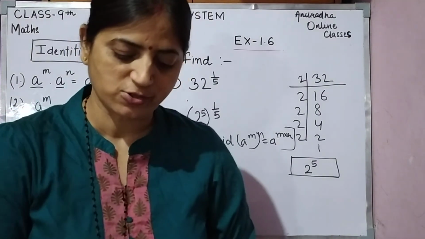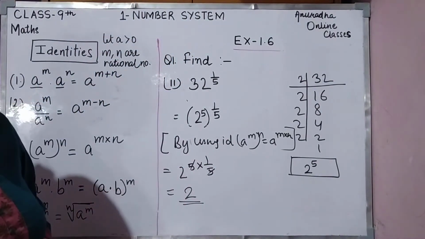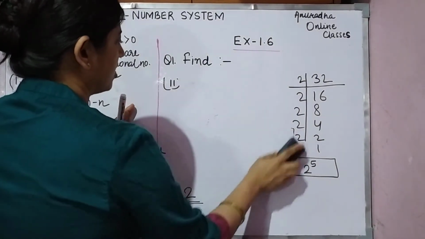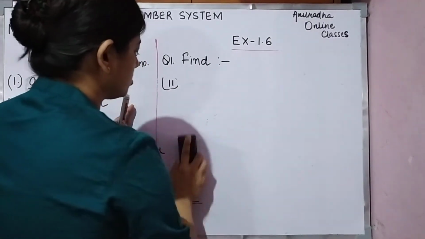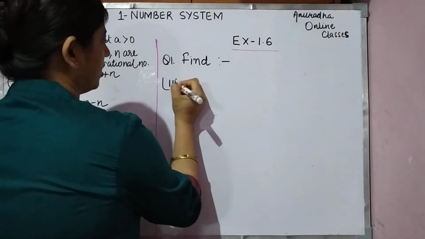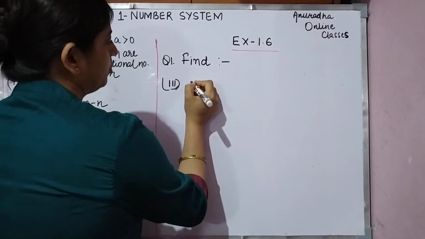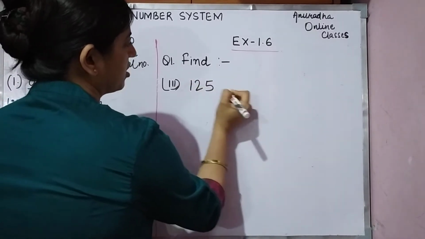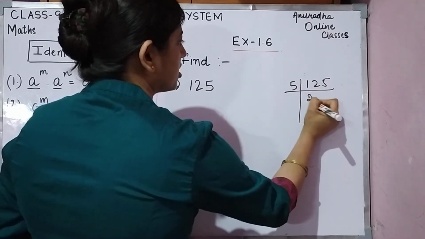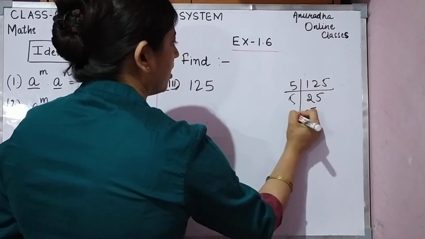Third part is also simple. Here only 125 is given. So it will be like this. इसके लिए तो आपको LCM भी नहीं, ये तो just आपके माइंड में ही होगा. 125 किसका क्यूब होता है? It is cube of 5. 125 का जब आप LCM निकालेंगे, you will get 5, 5, 5, and 5.